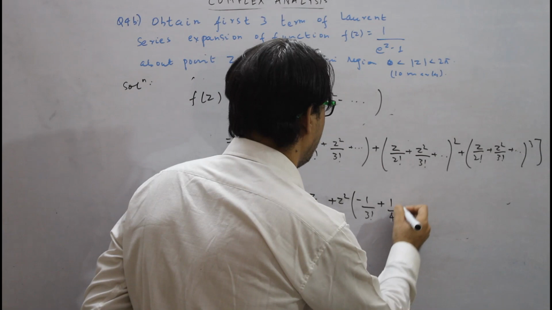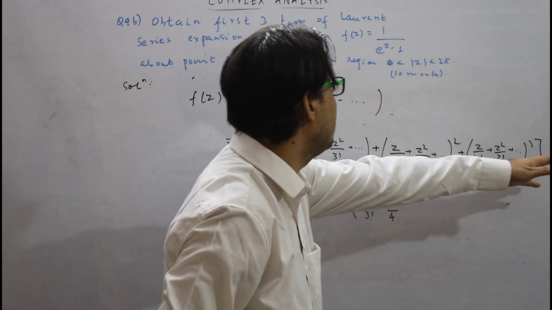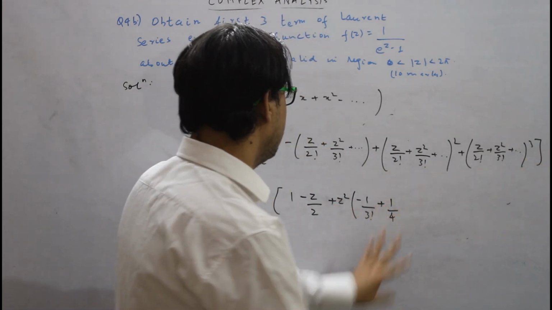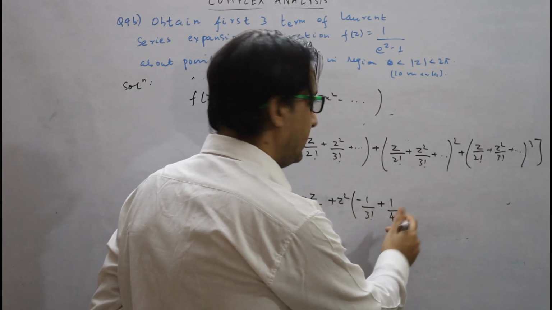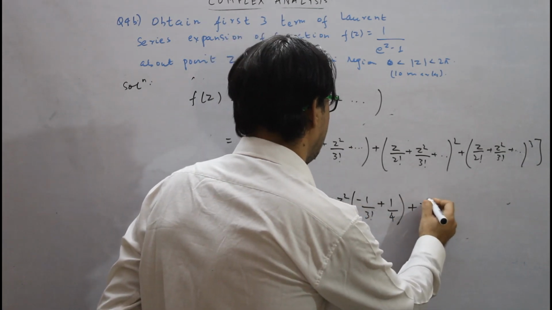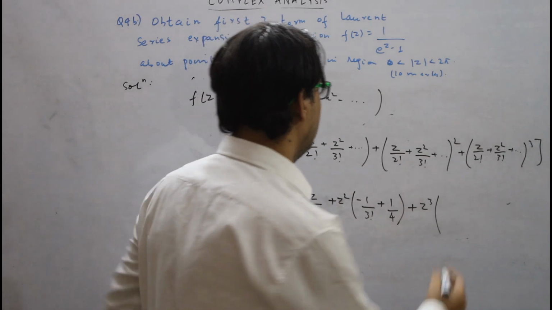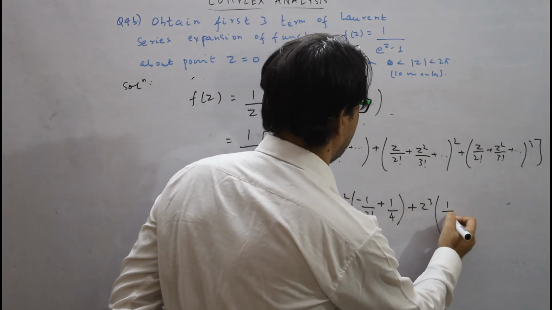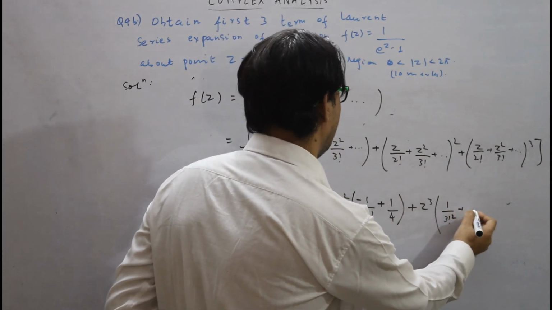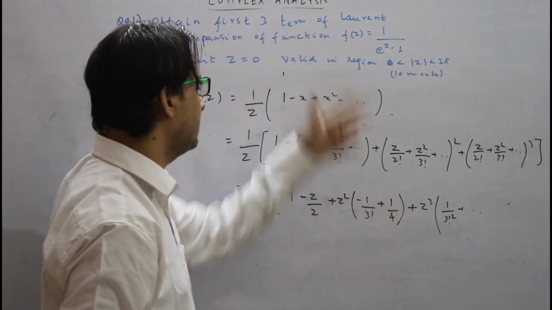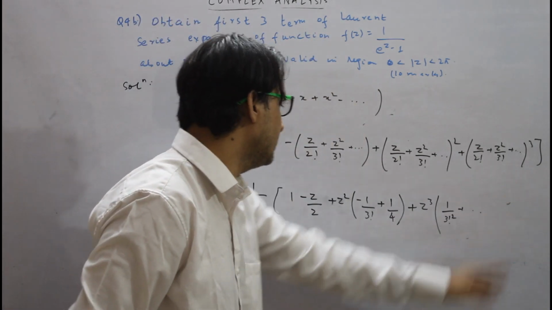So this becomes 1 by 4, and here we are having a few other terms, but just the coefficient of z square. Similarly for z cube we have to factor this. There are others, but we are only concerned with 3 terms, that is what they are asking, so I am not going to write the other terms of z square.